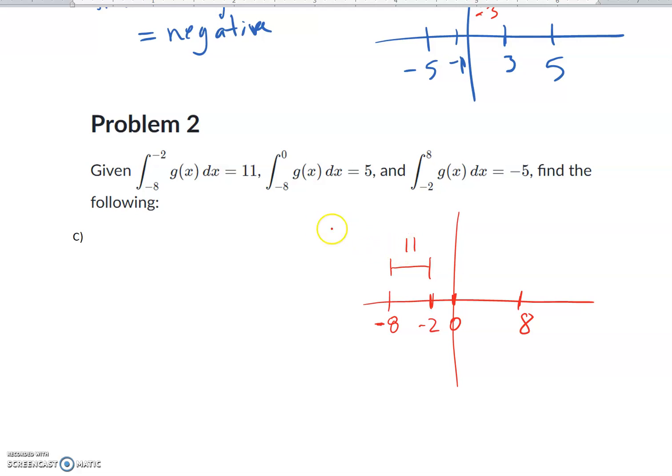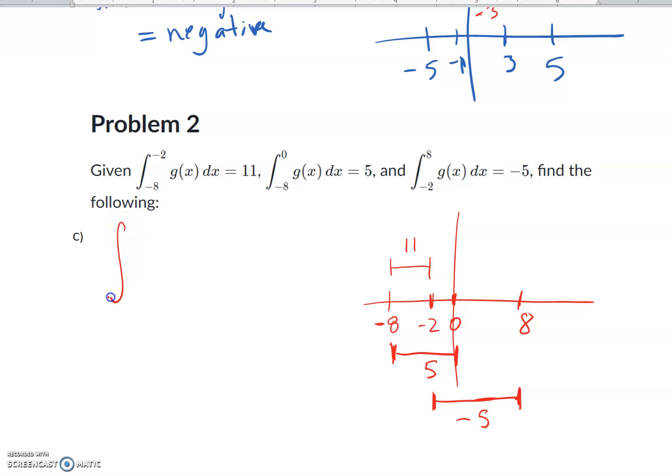That's 11. From -8 to 0, so now we have an overlapping piece here. This is going to be 5. And then from -2 to 8, that's going to be -5.